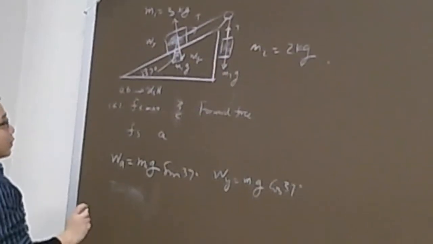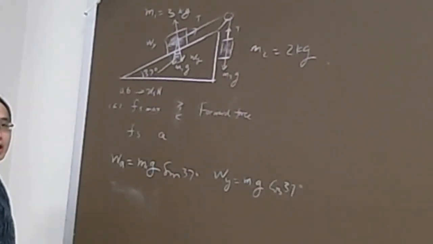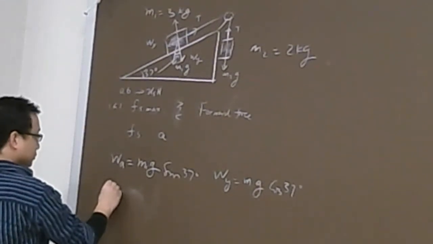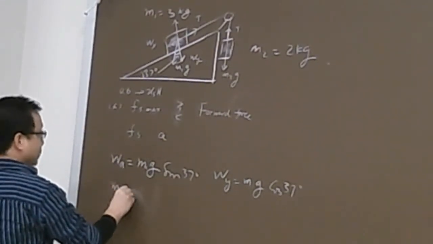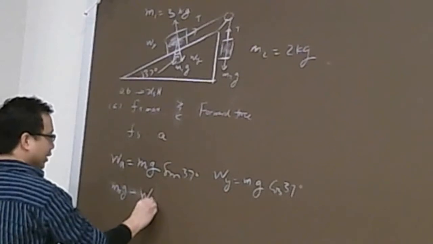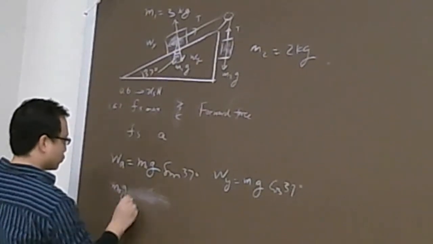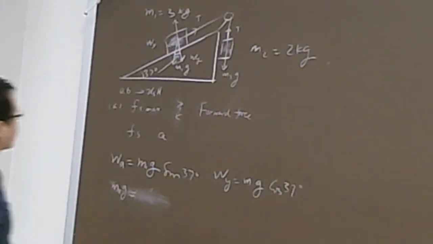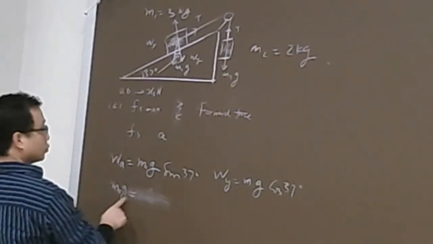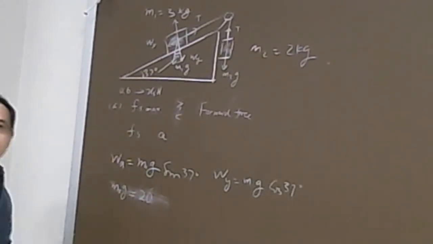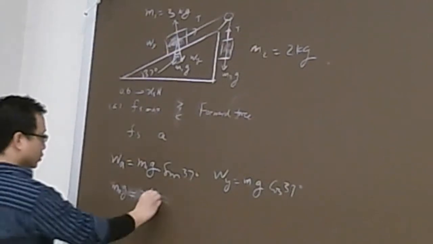So with these forces, you can put T equal to m2g, then subtract Wx. What do you get? Let's calculate the number for m2g. What is m2g? 2 times 10, 20. Let's use 20. 10 for g, 20 Newton.